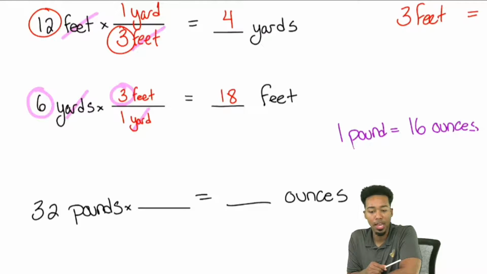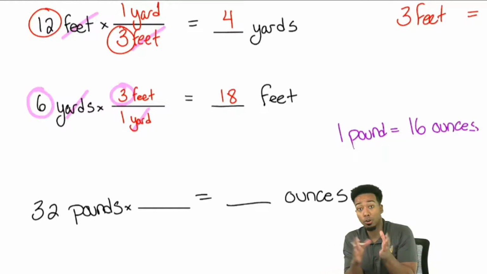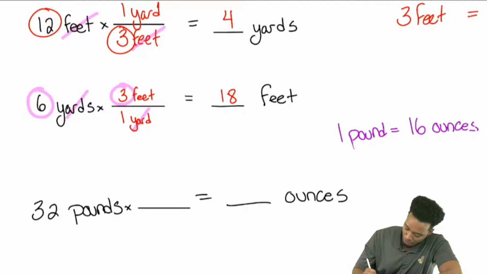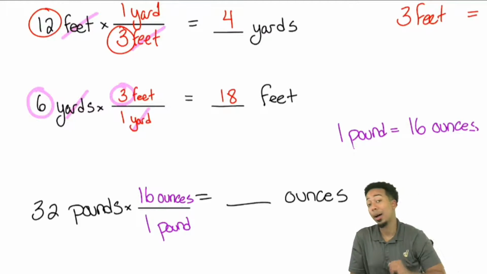The pound, exactly. Because I start off with 32 pounds, so I need to get rid of pounds. I'm trying to get rid of that unit. I'm trying to turn pounds into ounces. So bam, I have 1 pound on the bottom, and then the 16 ounces up top.